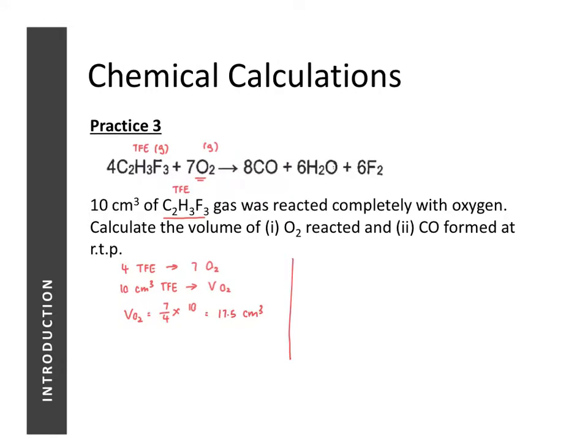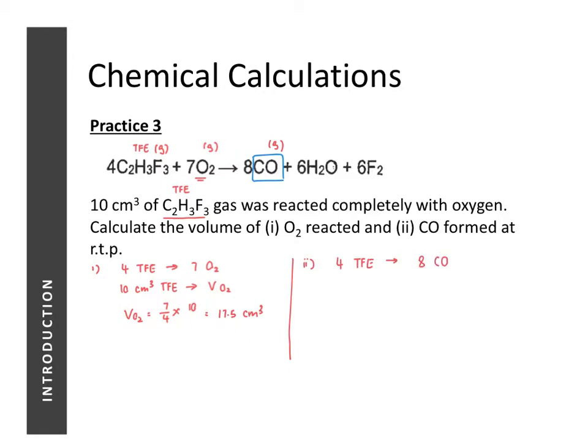Okay, so for part 2, now we are looking at CO, which is carbon monoxide. Carbon monoxide again is a gas, so whatever that's given, TFE is a gas, whatever that we want to find, CO, is also a gas, so we can use Avogadro's relation. 4 moles of TFE produces 8 moles of carbon monoxide.